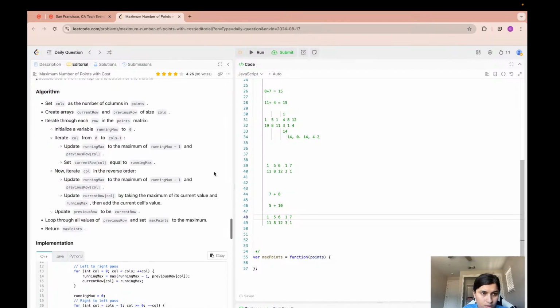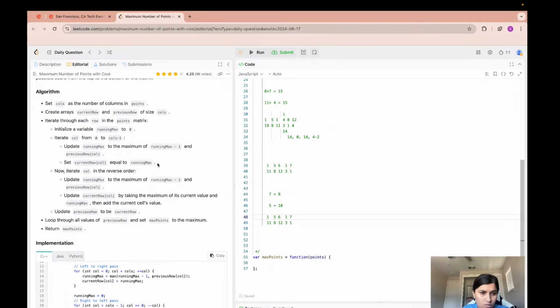Let's set columns as the number of columns in the points matrix, create current row and previous row of size columns, and iterate through each row in the points matrix. Initialize a variable running max to 0, and from column 0 to columns minus 1 update running max to the maximum of running max minus 1 and previous row column.